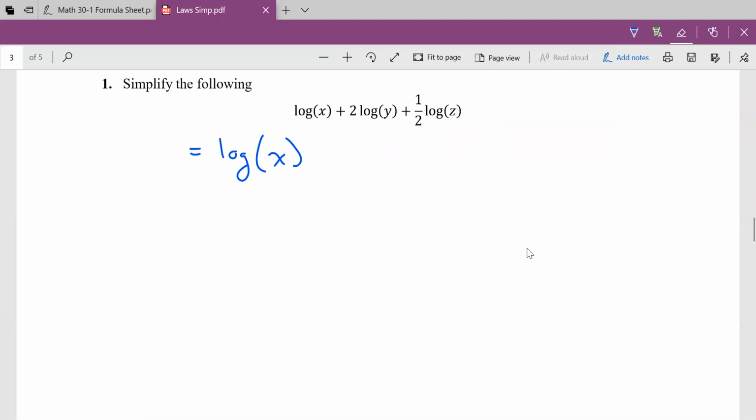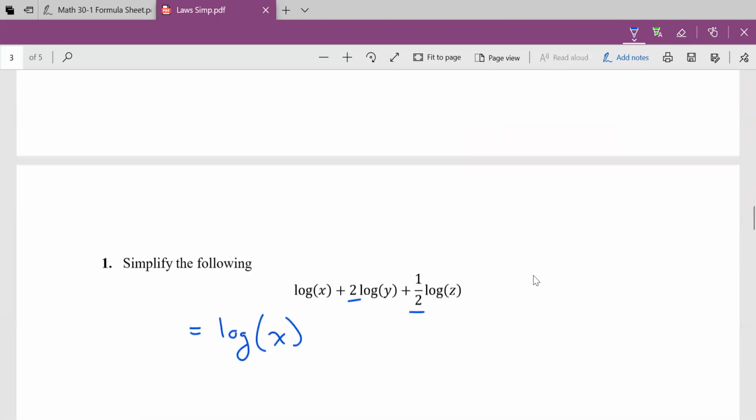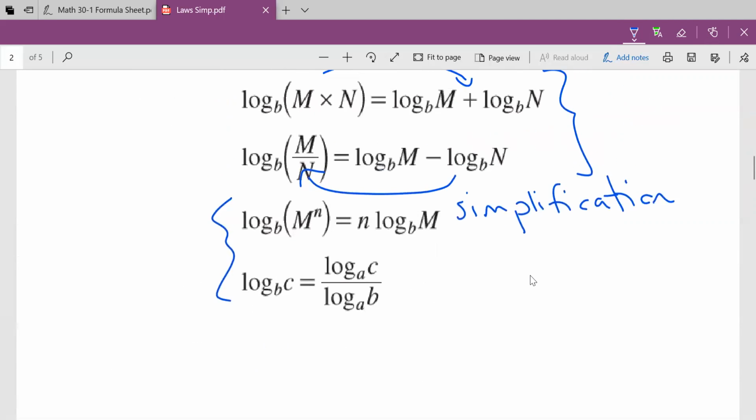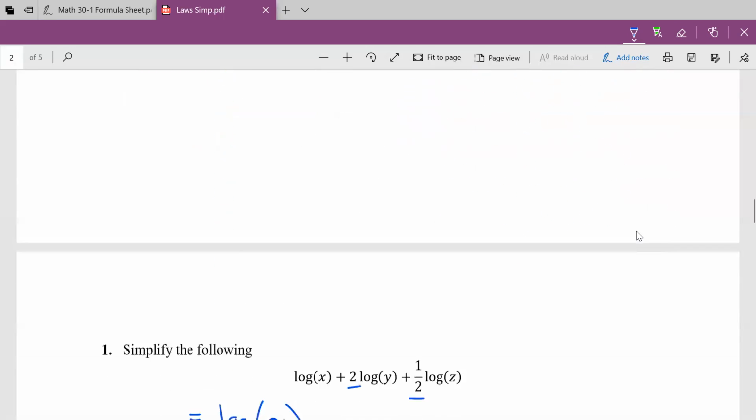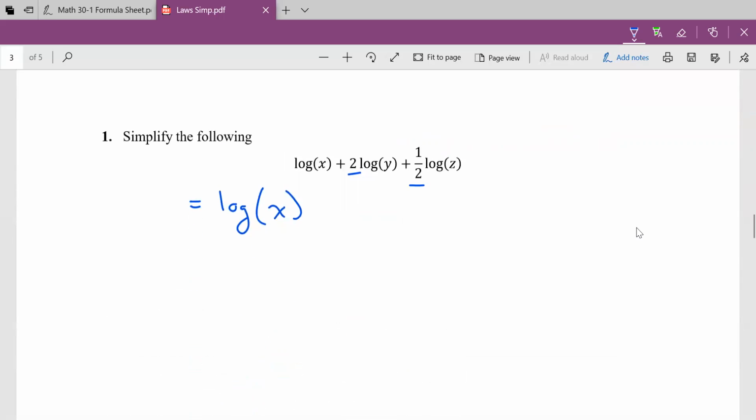You see these coefficients right here. If I scroll back up and look at my laws of logarithms, I don't see a coefficient here or here. So what's really, really important, put a big star beside this: if I want to simplify, I must get rid of my coefficient and make it my exponent first.